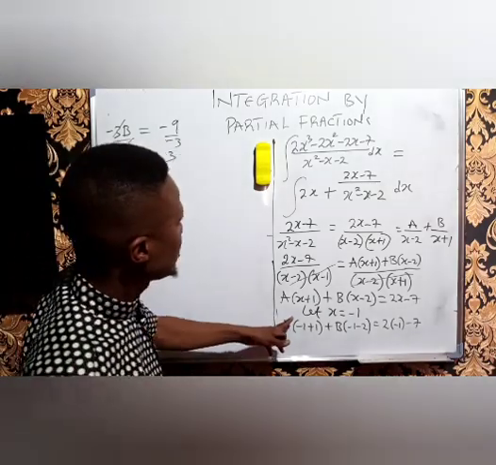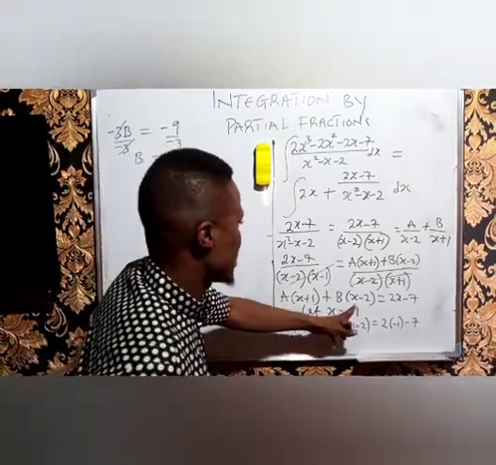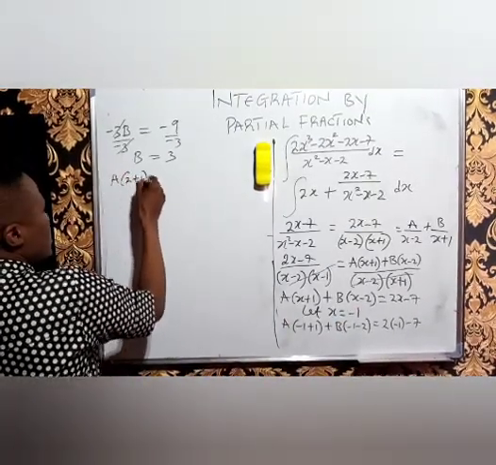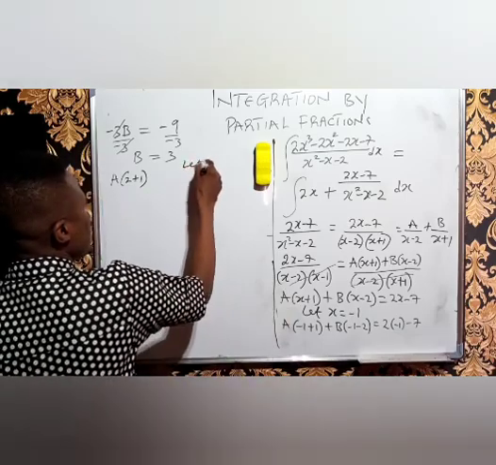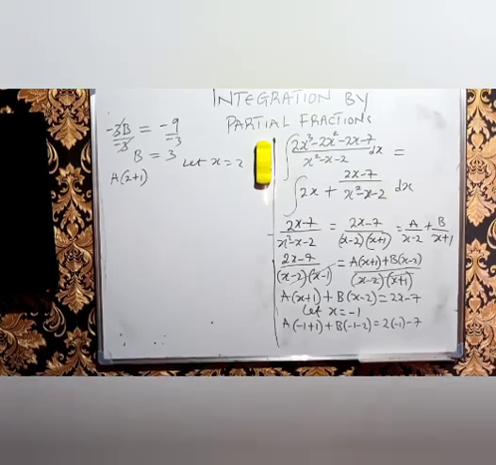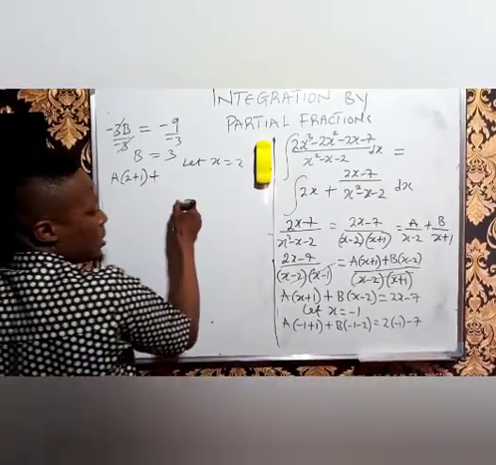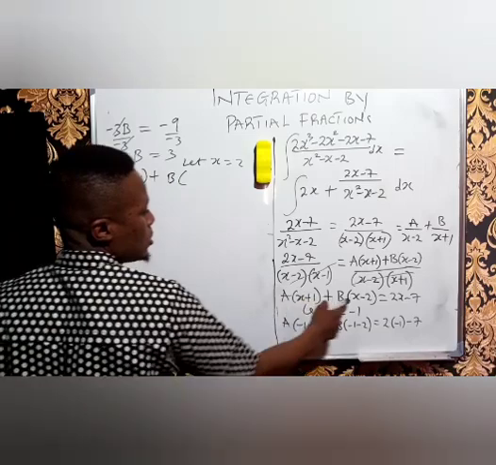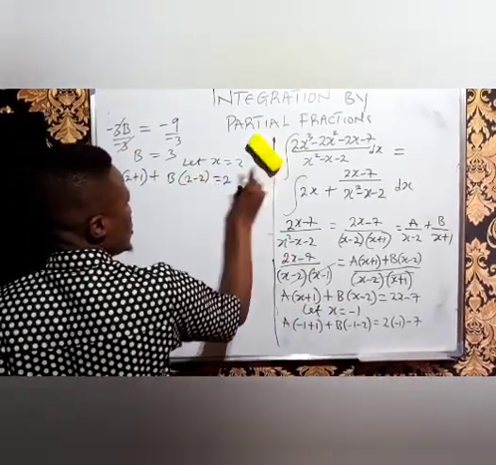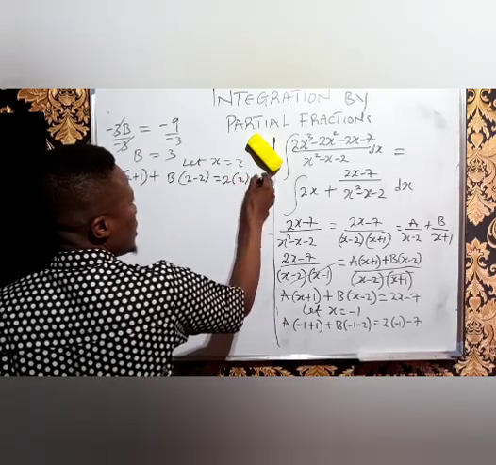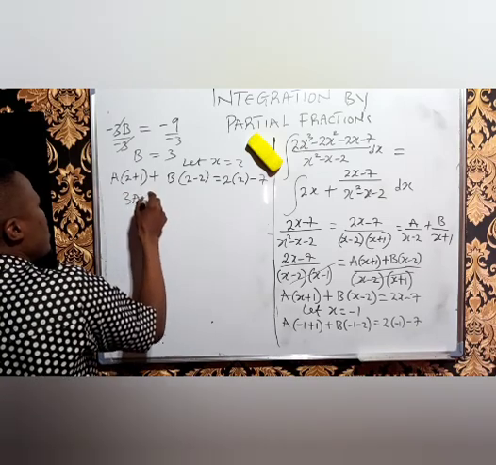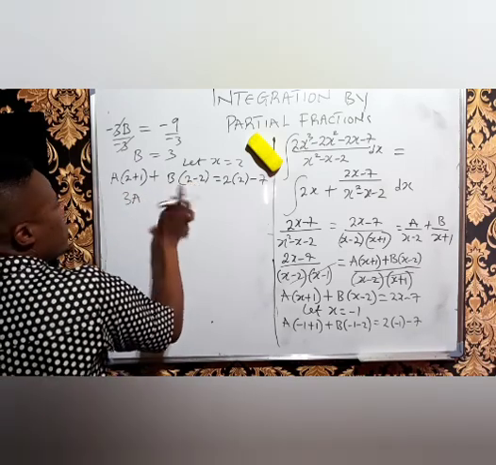Now let's get A. If I want to get A, I will set x as 2. So let x be 2. I have A(2 + 1) + B(2 - 2) equals 2(2) - 7. 2 plus 1 is 3. 3 times A is 3A. 2 minus 2 is 0, so this has gone.